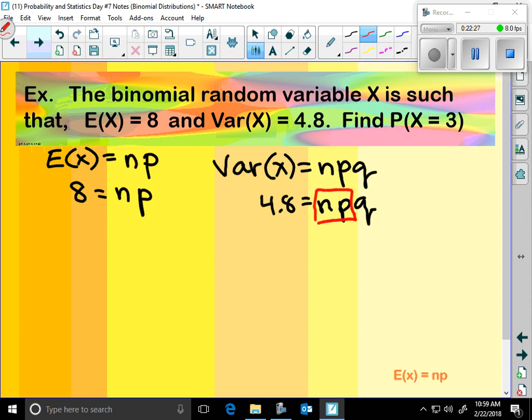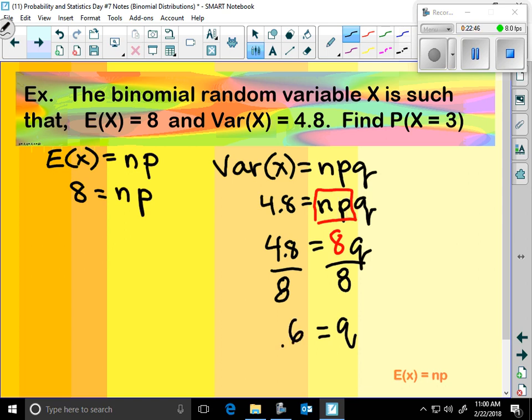What is that? 8. So I know 8 times Q, probability of failure, equals 4.8. If I divide both sides by 8, Q equals 48 over 80, which is 0.6. Somebody confirm. Okay, good.